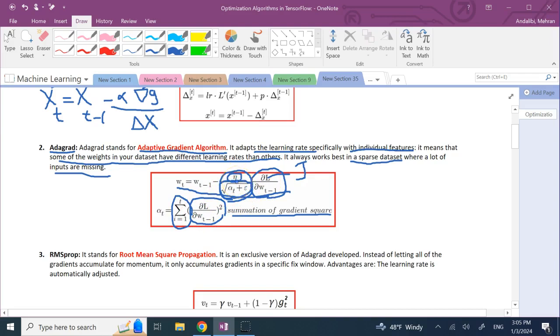Okay? Yes? So you see your individual gradient component is divided by the square root of the sum of all individual gradients squared plus epsilon. What is this epsilon for?